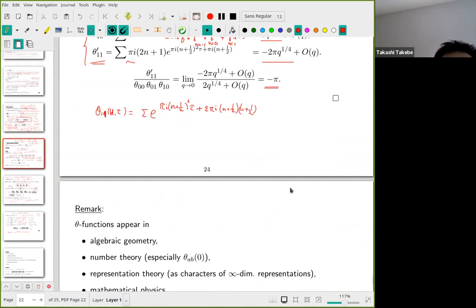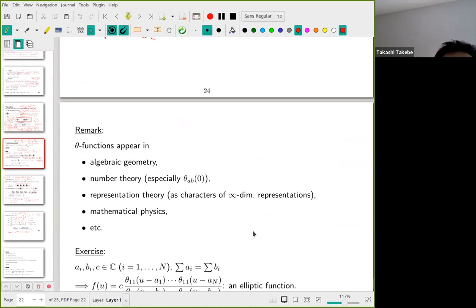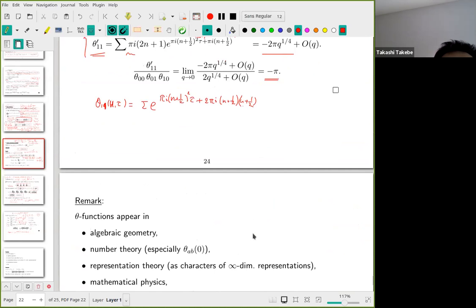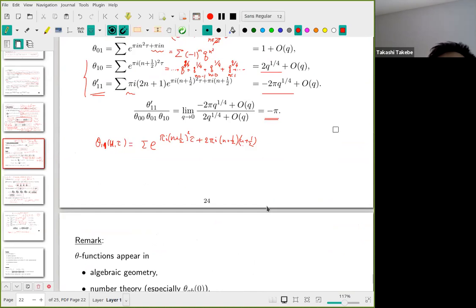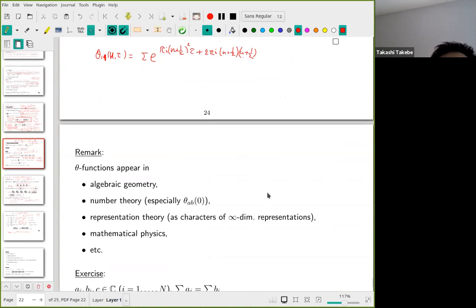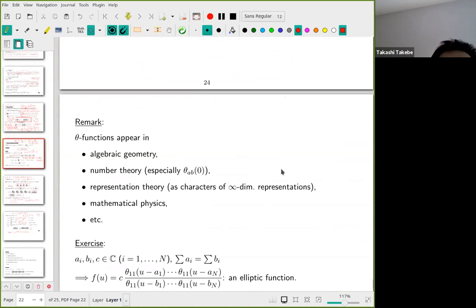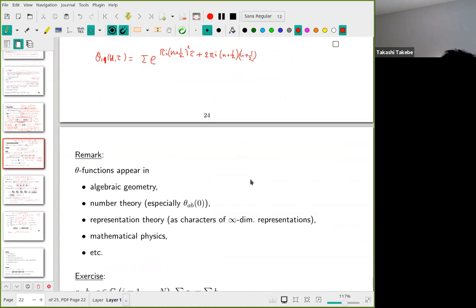Okay. And so this is the end of the tutorial about theta functions, but just a remark on theta functions.